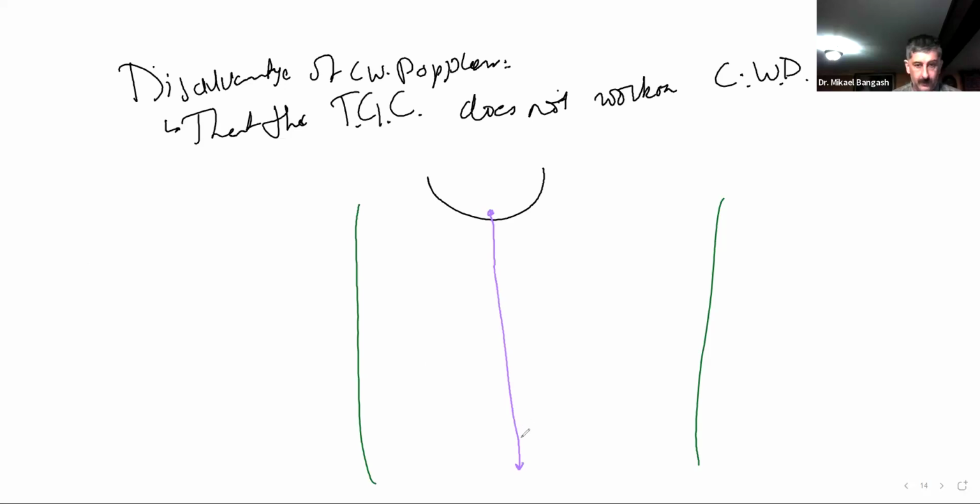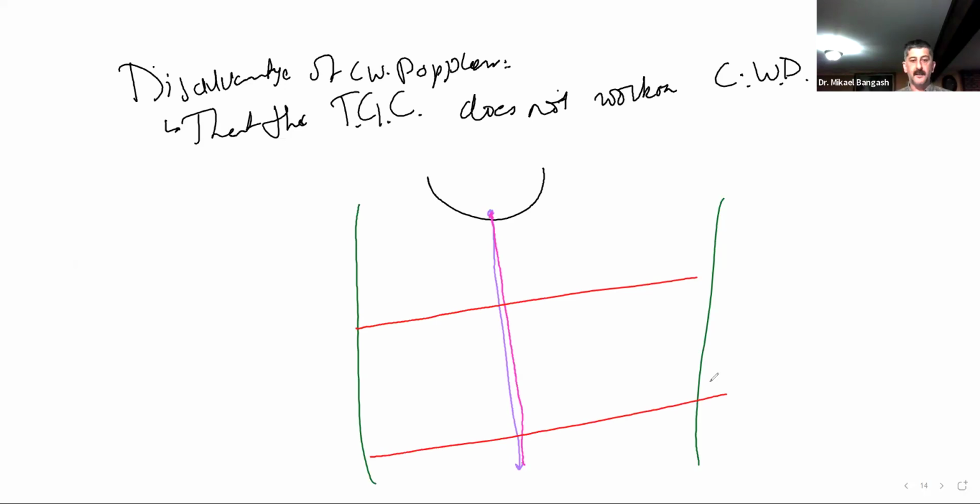And let's just say it reflects like this. And of course, they were overlapped. And let's just say that the area of the overlap is the blood vessel. Did you guys get that?